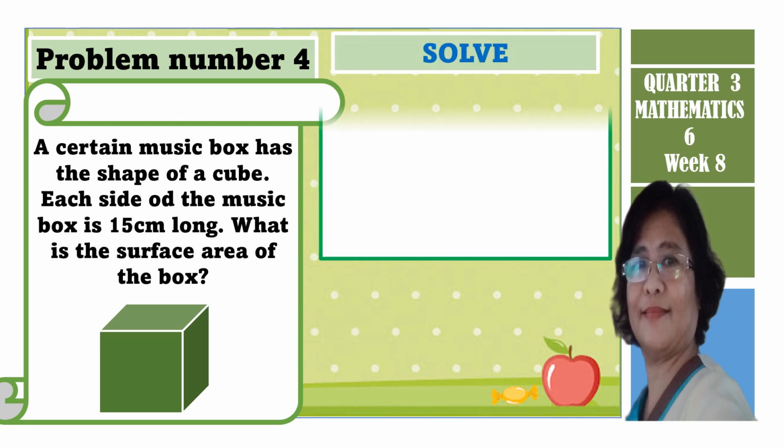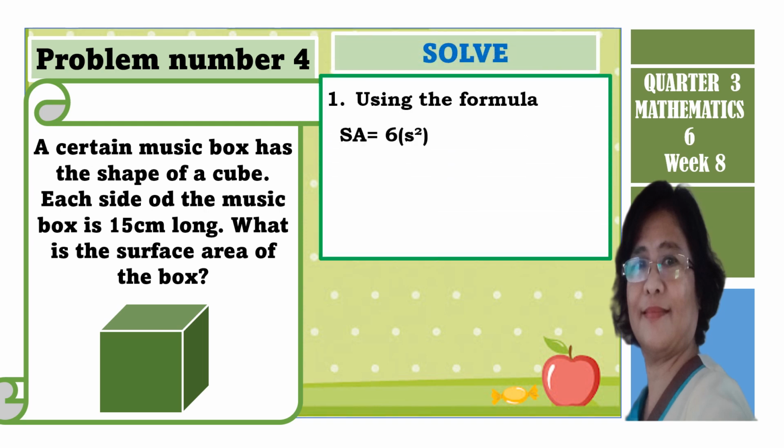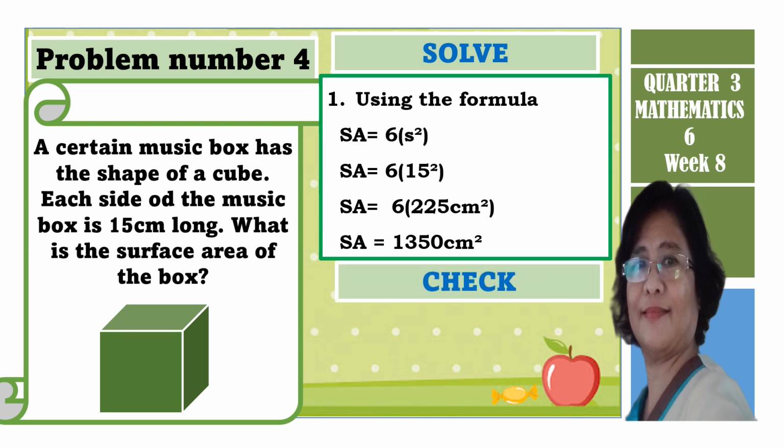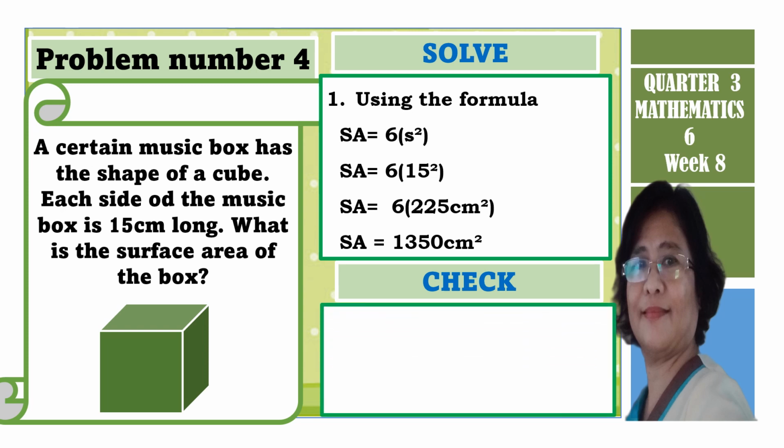Let us now solve using our formula. Surface area is equal to a squared times 6. By substituting, the side of the cube is 15. So what is 15 to the second power? We have 225 cm squared. Multiplied by 6, our final answer is 1,350 square centimeters. Now let us check if our answer is correct.